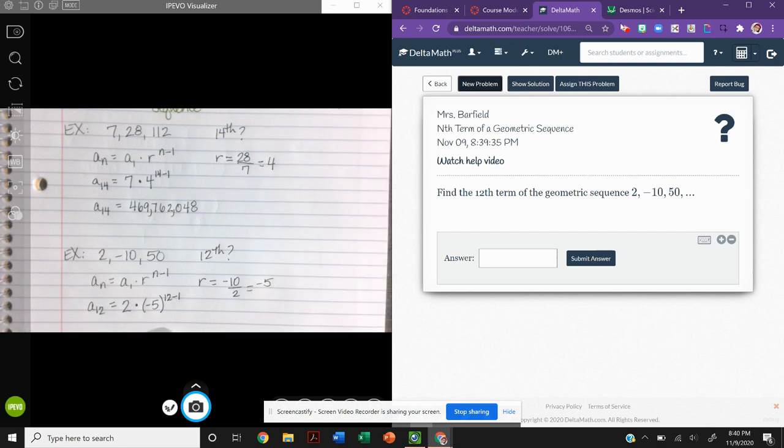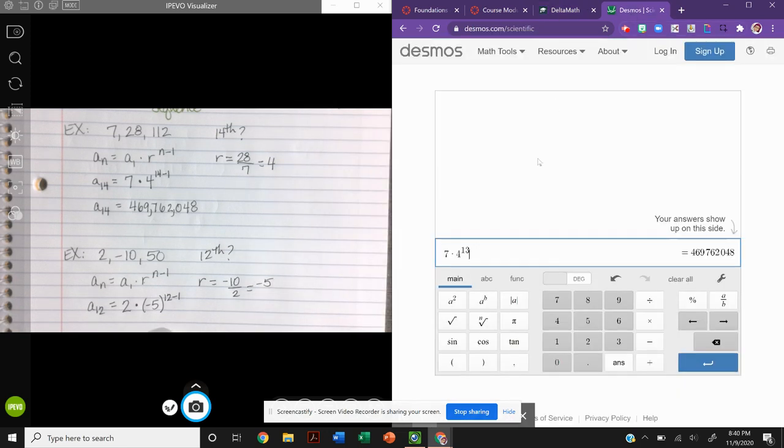Same thing, I'm going to use a calculator for this because these numbers are going to get really big. So 2 times parentheses -5 parentheses exponent, and I'll do 12 minus 1, which is 11.